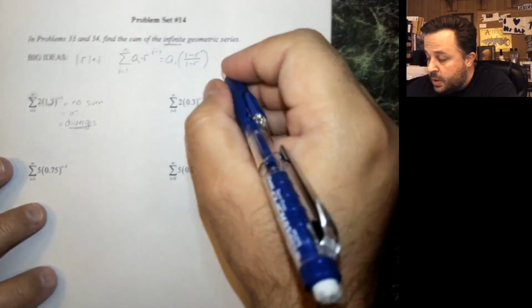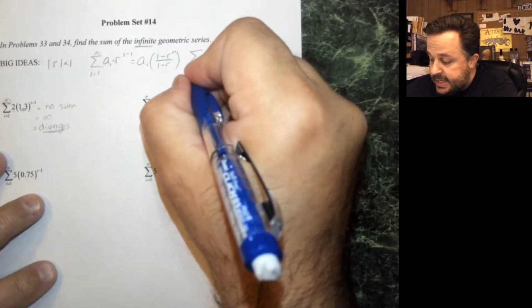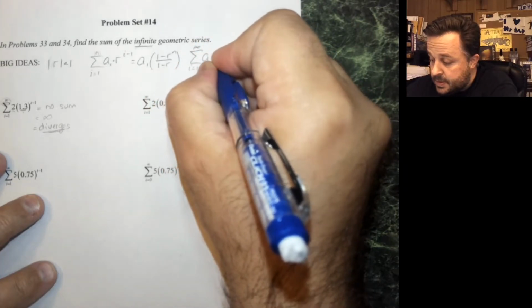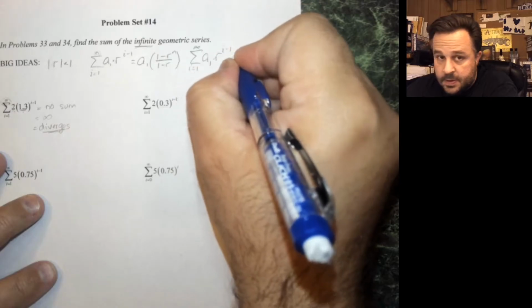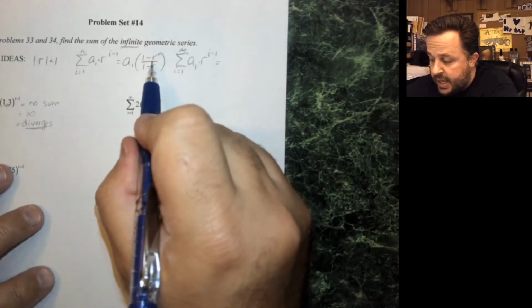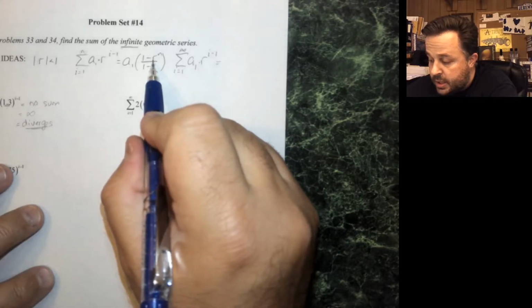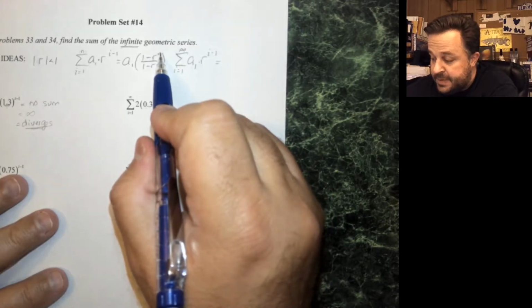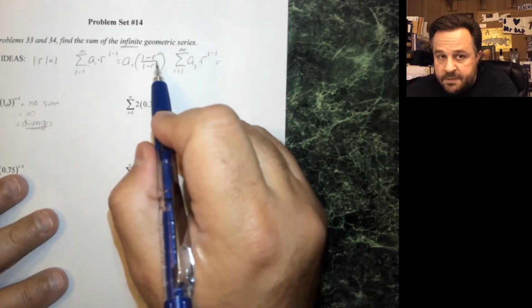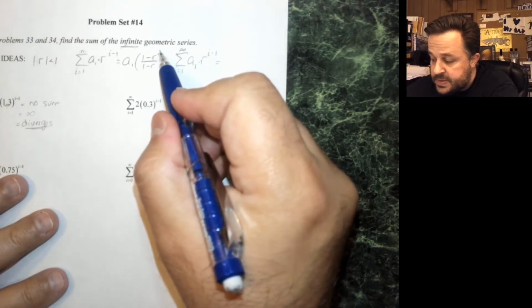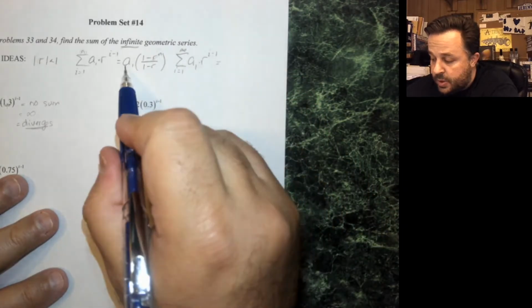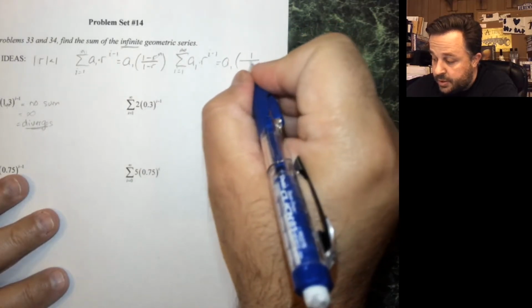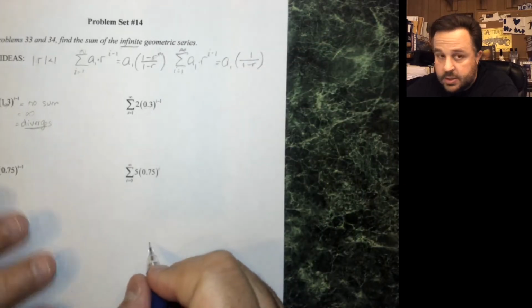But now, when we're looking at a sum that is infinite, then this r to the n, if we're taking a number smaller than 1 and raising it to the infinity power, we can't really do that, but we can think about it, this value ends up going to 0. So our formula actually becomes a little easier to use. It's just a1 times 1 on the numerator over 1 minus r.